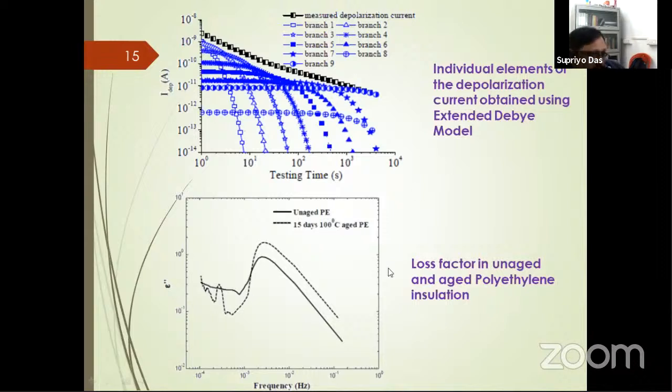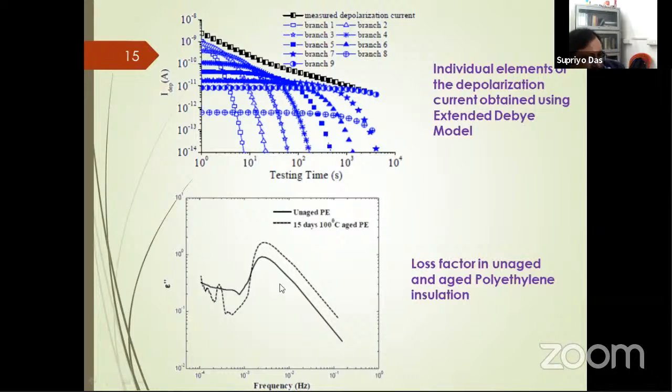And the second one I have shown is the loss factor in terms of frequency. It is not a frequency domain analysis, rather it's a time domain measurement that we are converting into frequency. This is the difference. Here also, I have shown examples of an unaged polyethylene and an aged polyethylene.